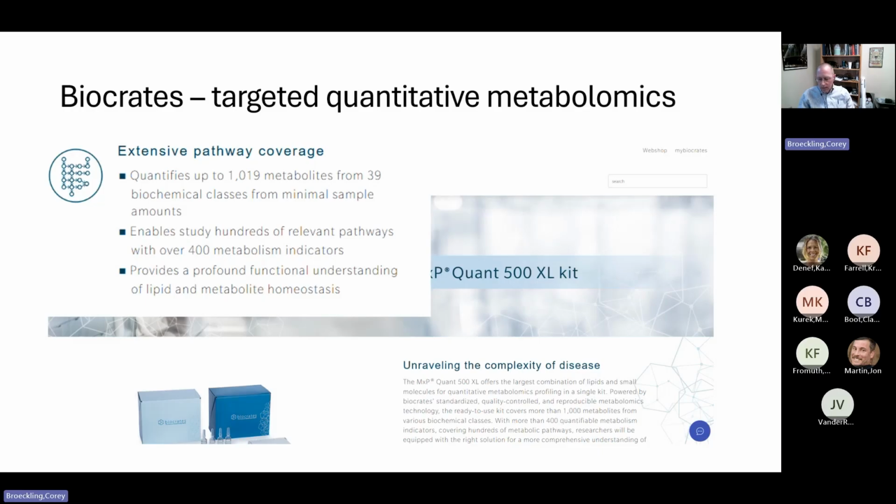The kit isn't cheap necessarily, but it is a value in that it provides a lot of these links, and it also provides quantitative data on all of these analytes. So generating an assay that can provide quantitative data on up to 1,000 metabolites is a tall order. And so they make this feasible through this kit that's available as well.